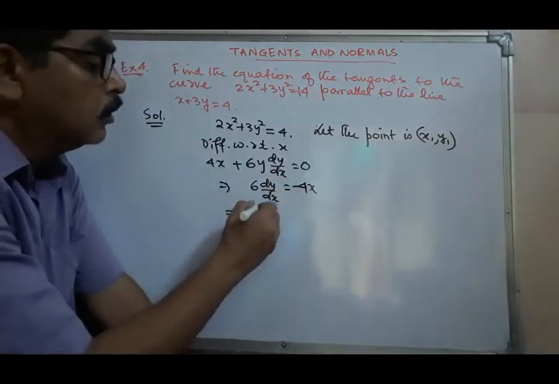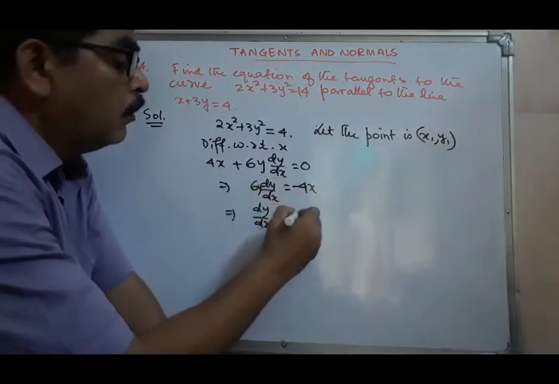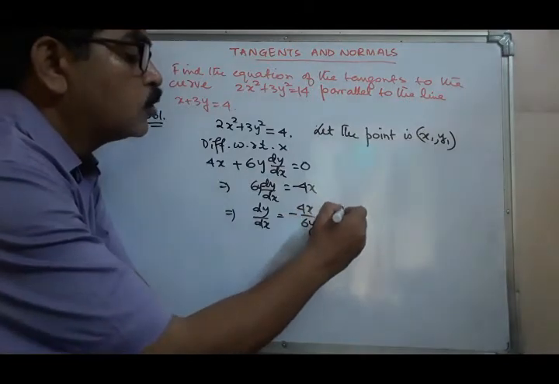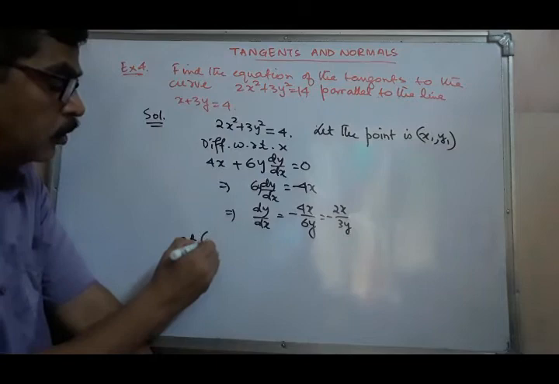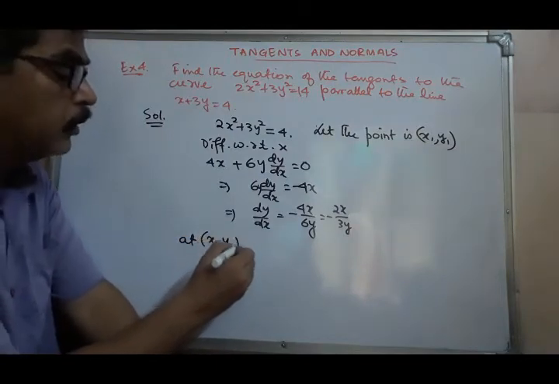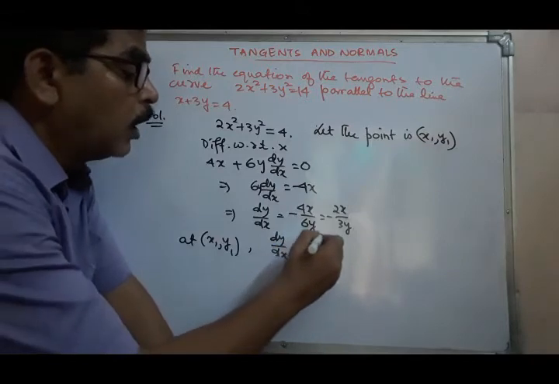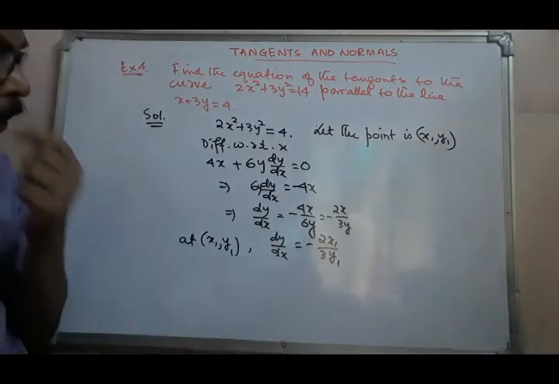That is dy by dx equal to minus 4x by 6y, that is minus 2x by 3y. So at x1 y1, dy by dx is minus 2x1 divided by 3y1.